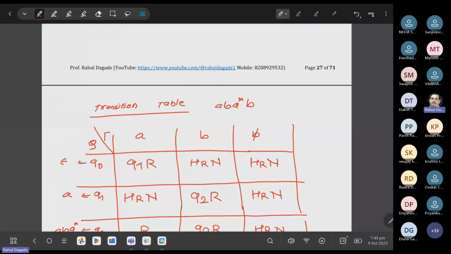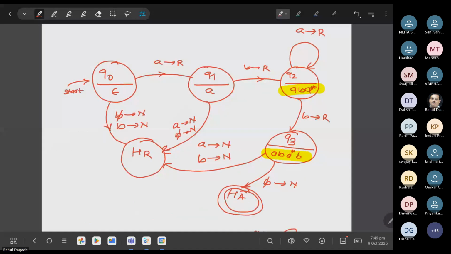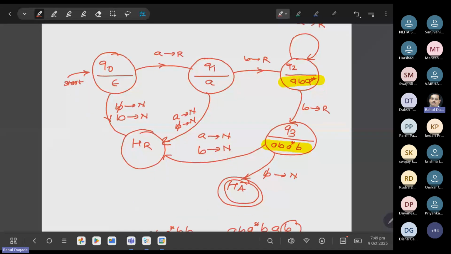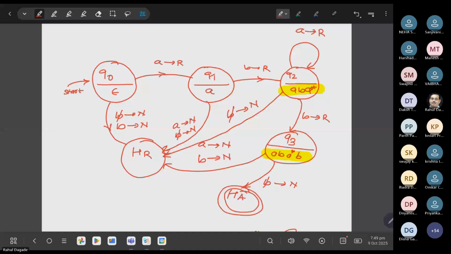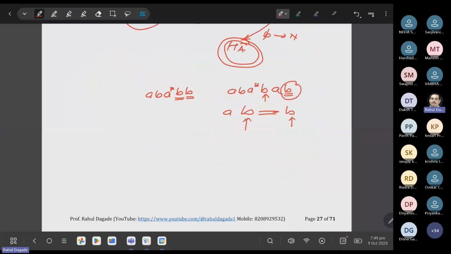वो दिखाया कि मैंने Q2 स्टेट में ब्लैंक नहीं दिखा है तो वो दिखाना पड़ेगा. तो यहाँ पे if I get blank here, then reject it, कि वो भी जरूरी है. So now here हो गया.